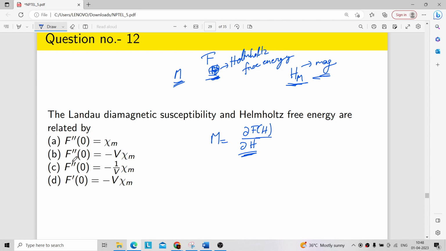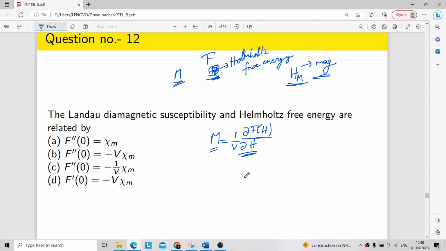But we don't have F in the options, so we need to expand this F in terms of a Taylor series. This magnetization is a function of the Helmholtz free energy, and this is per volume.